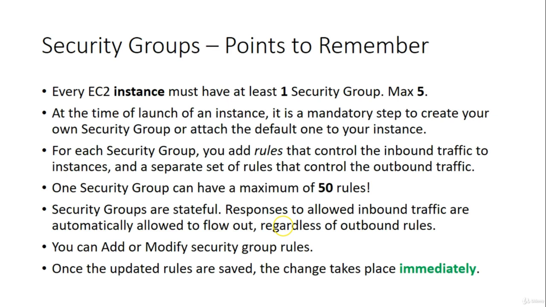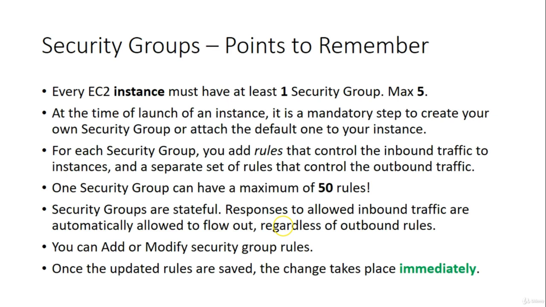Now, before we wrap up this lecture, points to remember. Every EC2 instance must have at least one security group, and it can go up to 5. That is, a maximum of 5 is allowed with one instance. At the time of launch of an instance, it is a mandatory step to create your own security group or attach the default one to your instance.